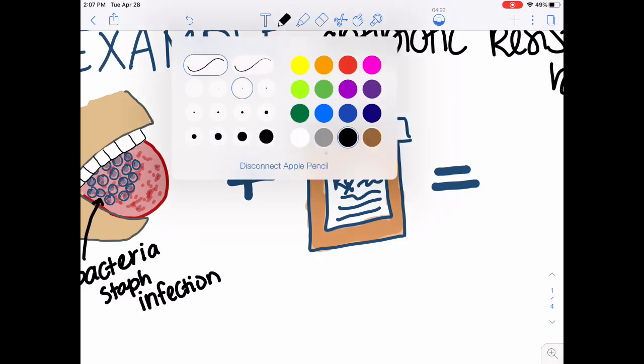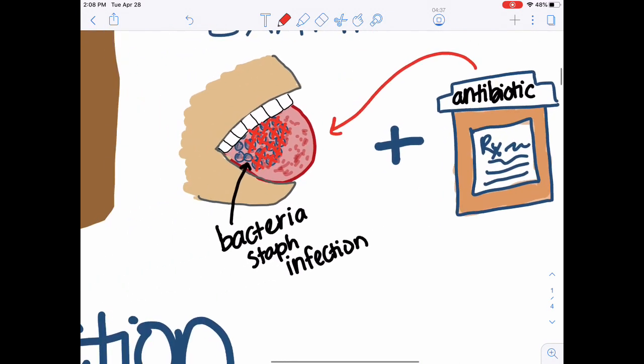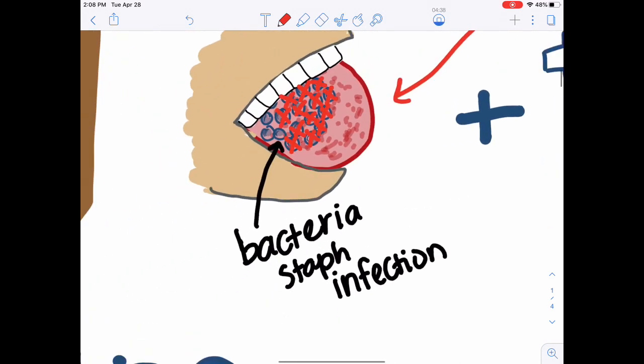That antibiotic that you take kills almost every single bacteria over the course of the prescription. So, 5 to 7 days or 10, I don't know. But there is that one bacteria that still lives.